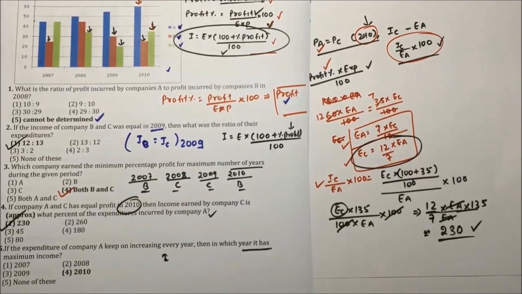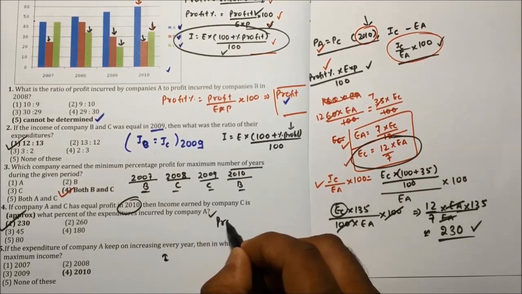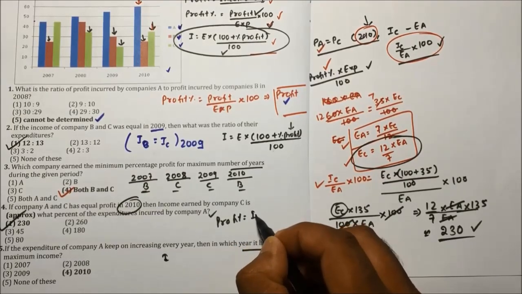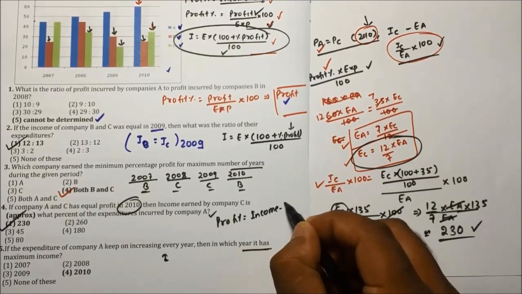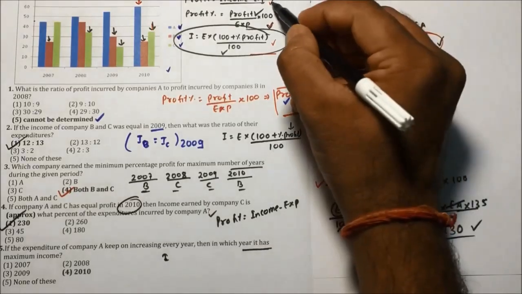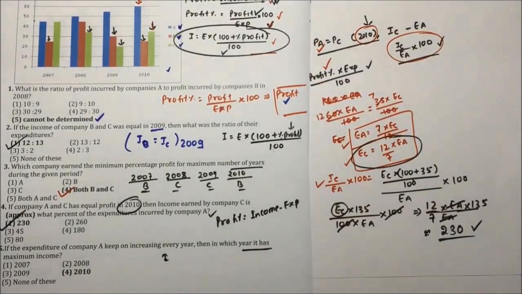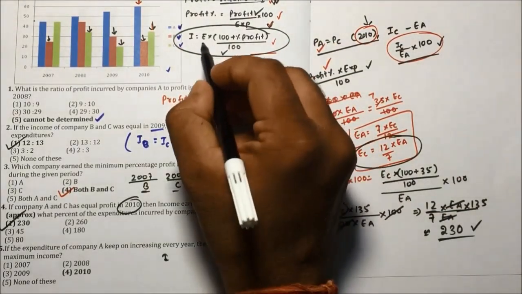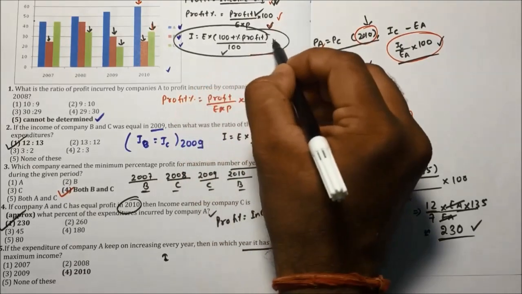Question number 5. If the expenditure of a company A keeps on increasing every year, then in which year does it have the maximum income? You can see profit will be equal to income minus expenditure, right? This is the formula which is written here. And the second formula is income is equal to expenditure into this value.